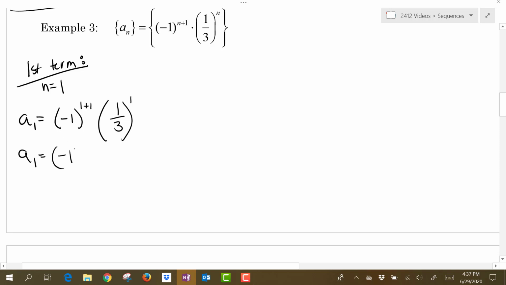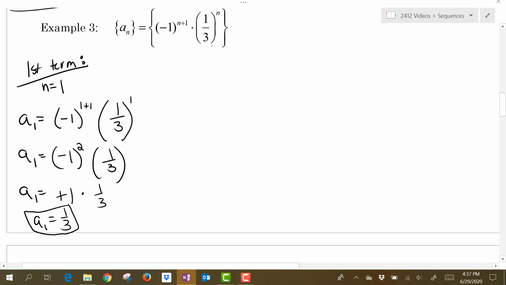That's (-1) squared times 1/3. Anytime we have (-1) raised to an even exponent, we're going to get positive 1, times 1/3. So a sub 1 is a positive 1/3.